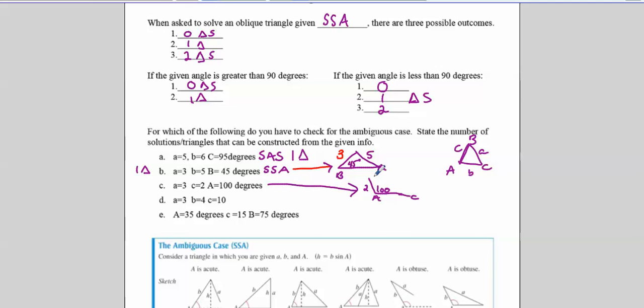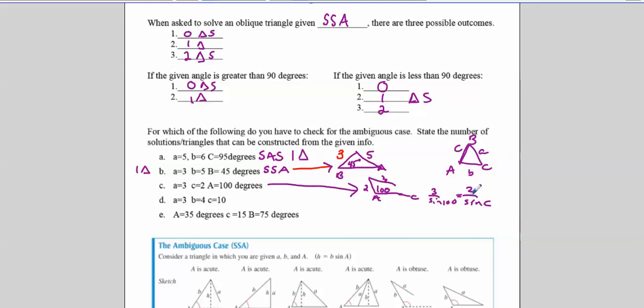Now if I made a side of 3 over here, it looks like it might not actually reach over here to make a triangle, but it might. And so the way we can find out is by trying to solve this with the law of sines. So I would have 3 over sine 100 equals 2 over sine C.